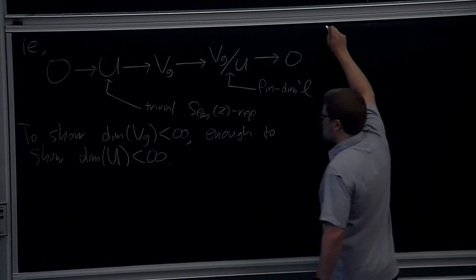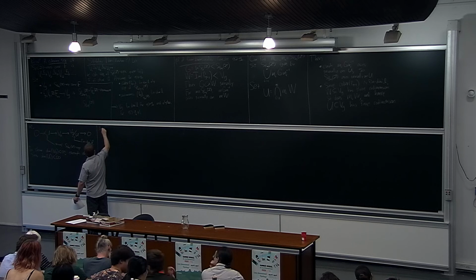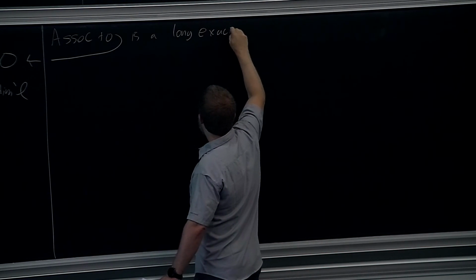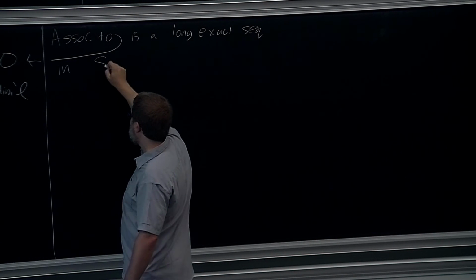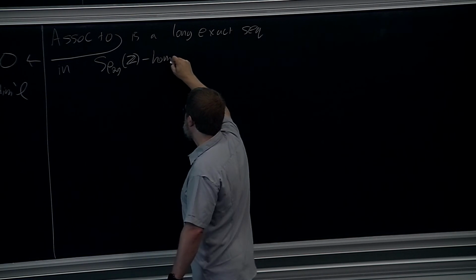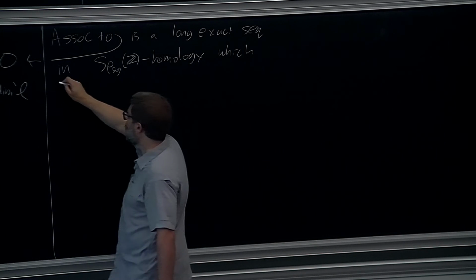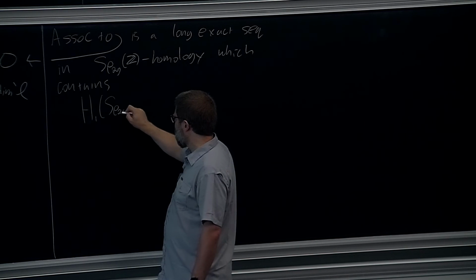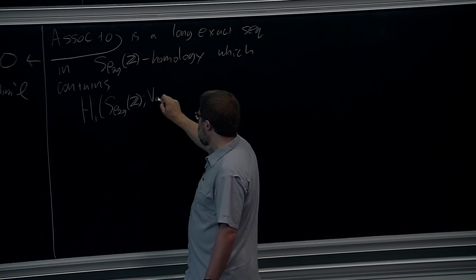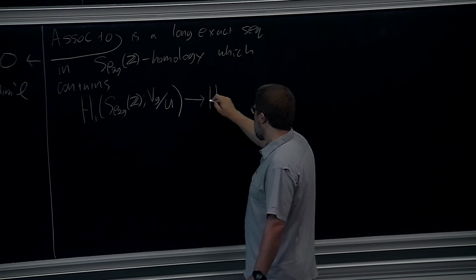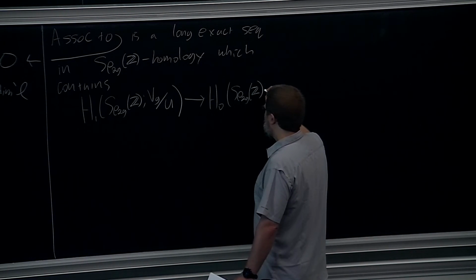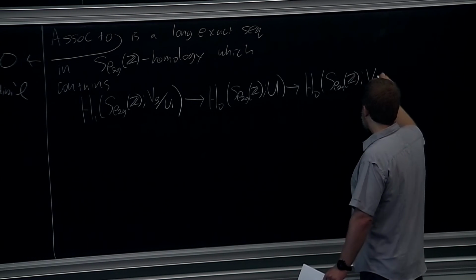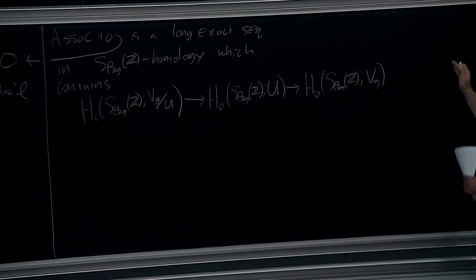So associated to that is a long exact sequence in Sp_2g(Z) homology, which contains, well, here we're going to have H_1 of the symplectic group with coefficients in V_g mod U. That goes to H_0 of the symplectic group with coefficients in U, that goes to H_0 of the symplectic group with coefficients in V_g, and then I could go to H_0 with coefficients in V_g mod U, but I don't need that.